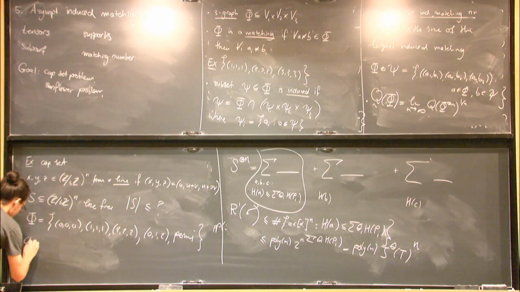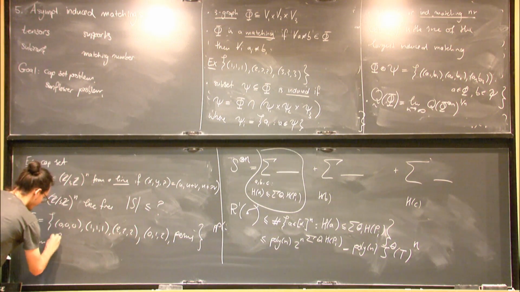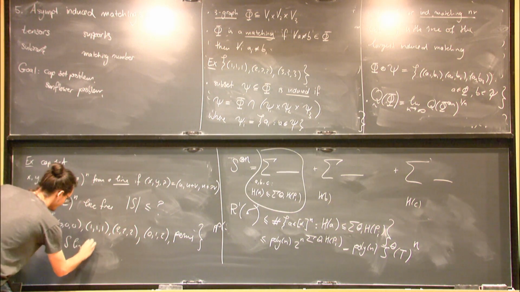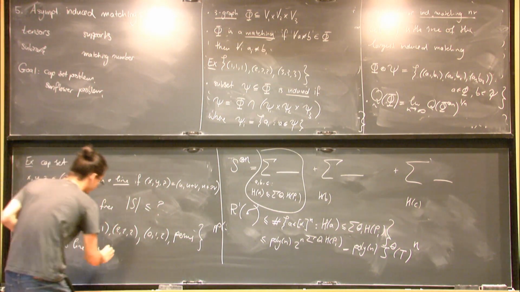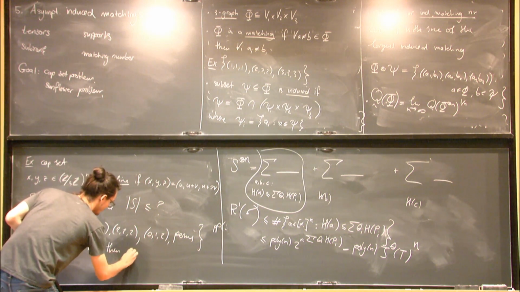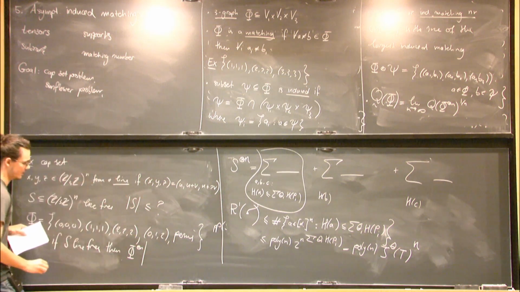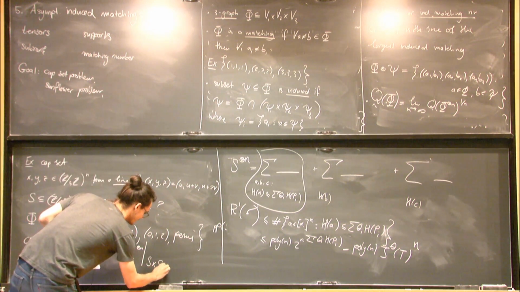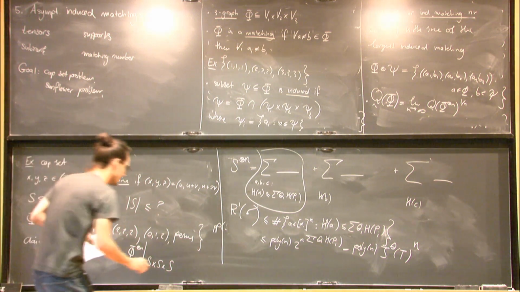Then the claim is, if I have some S that's line free, then if I look at phi to the power n and I restrict this hypergraph to S, S, S, so I only look at triples that are actually in S times S times S, then this is a matching.